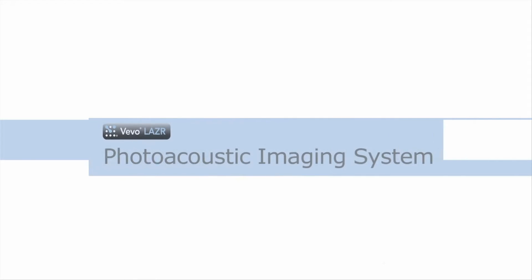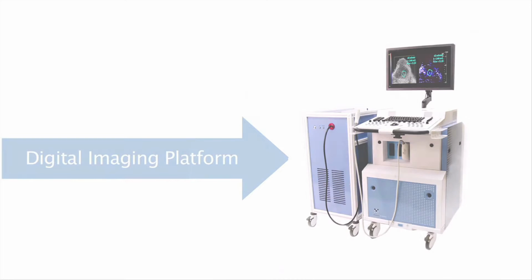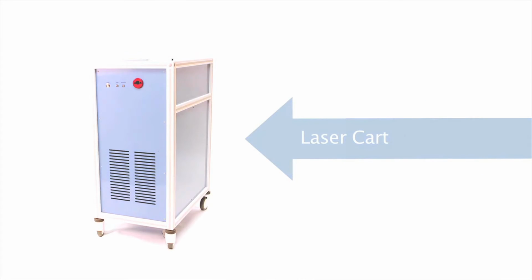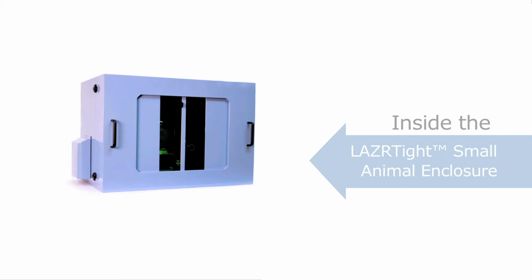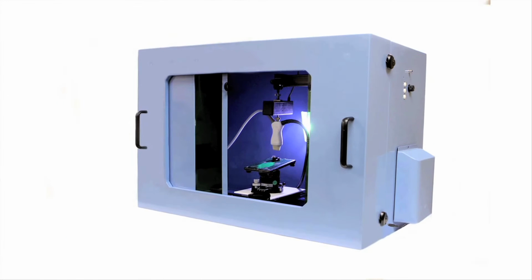Let's take a look at the components of the system. The Vevo LAZR photoacoustic imaging system consists of the digital imaging platform, including the laser cart. The laser-tight imaging enclosure is a laser light containment and animal handling and positioning system.